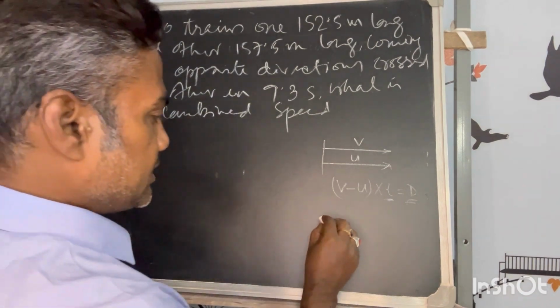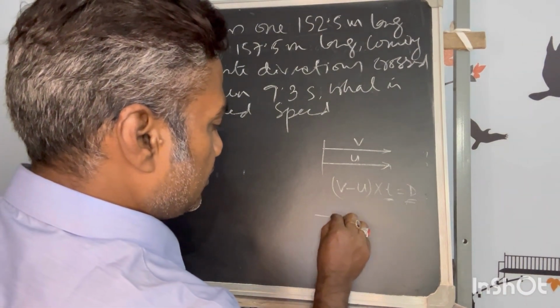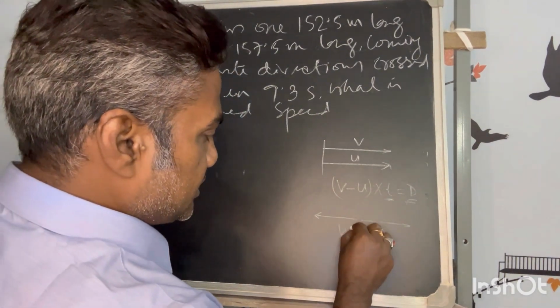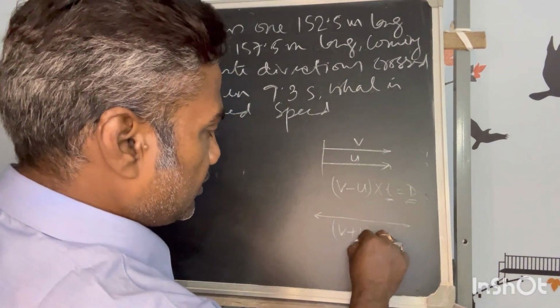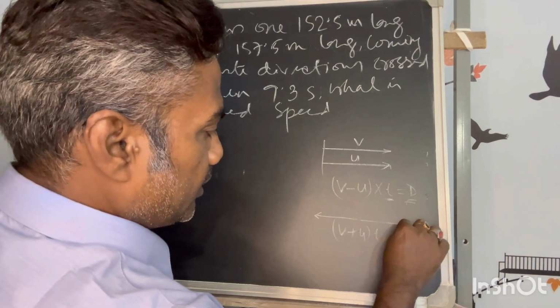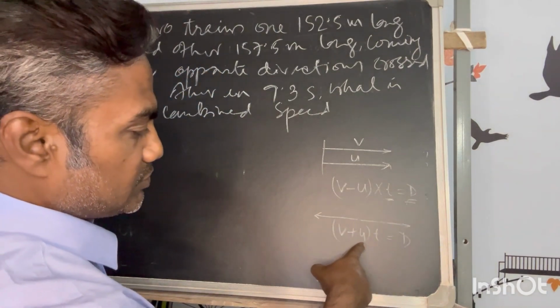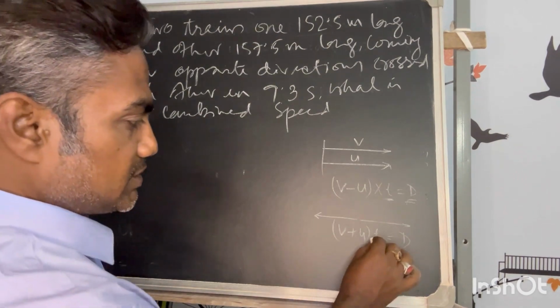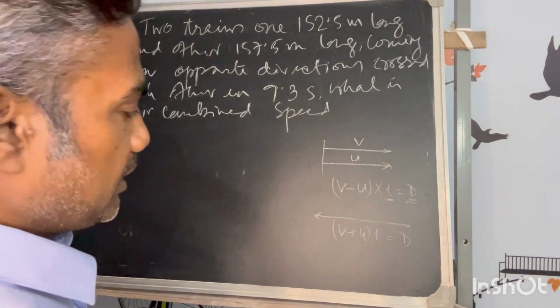Okay, and now the same thing when they are moving in opposite directions. With the time lapse, when the velocities are added for a certain time, how far apart they are can be calculated.